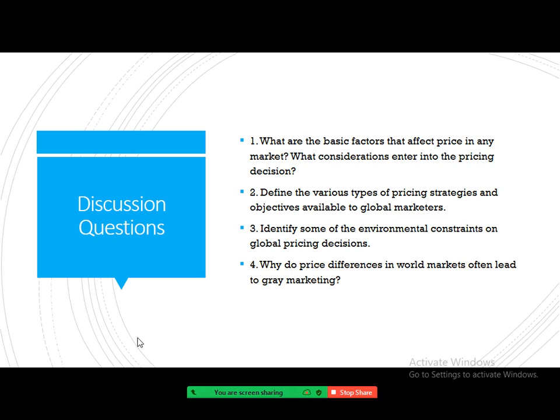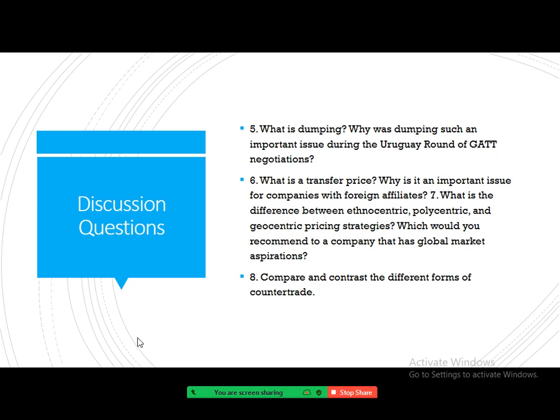So, discussion questions for students. What are the basic factors that affect the price in the market? What considerations enter into the pricing decisions? Then next is define the various types of pricing strategies and objectives available to the global marketers, identify some of the environmental constraints on global pricing decisions, then why do price differences in the world markets often lead to grey marketing?